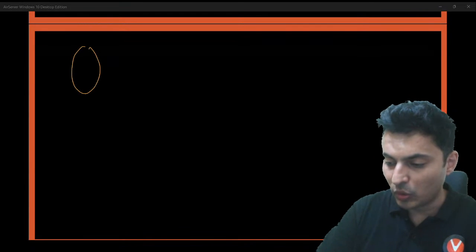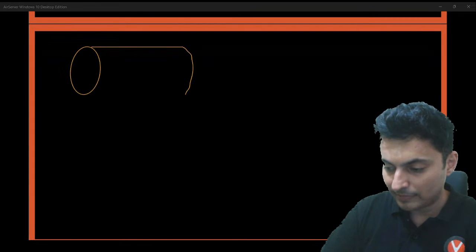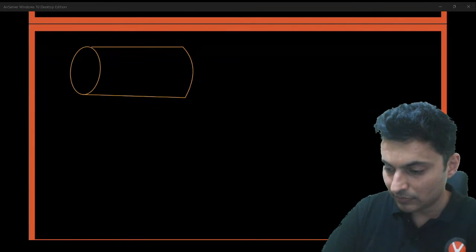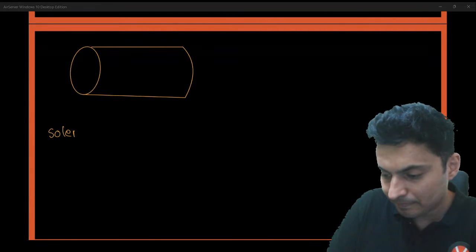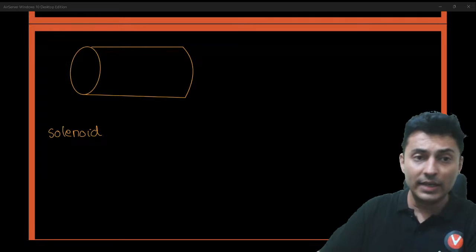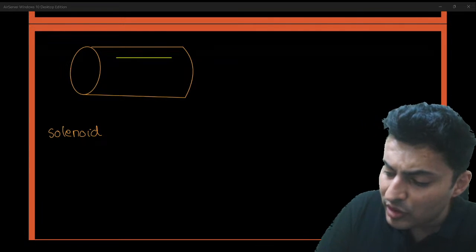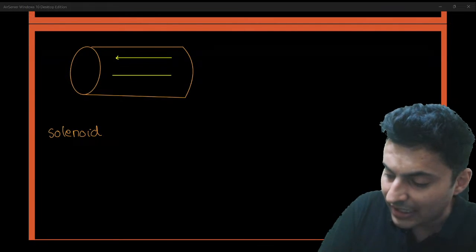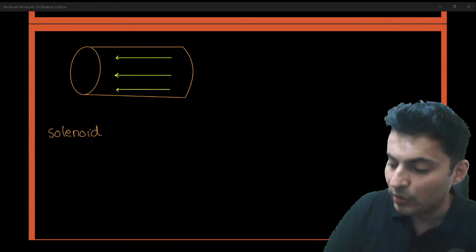If you take a solenoid, you should know this with regards to the magnetic field lines. Very, very important. Inside a long solenoid, the magnetic field lines are almost parallel to each other.